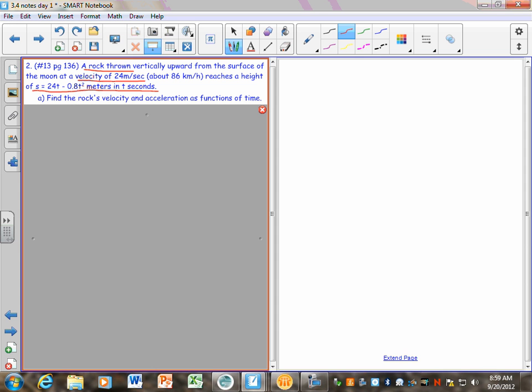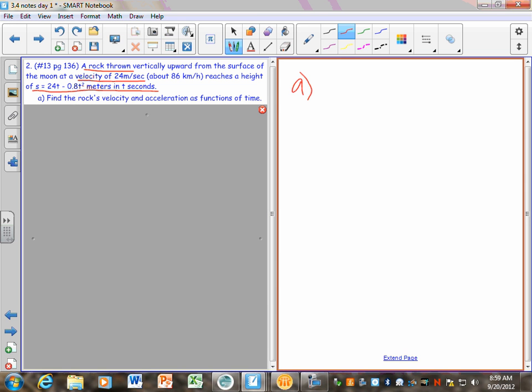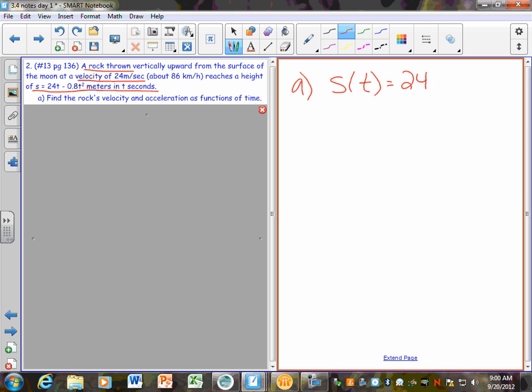Find the rock's velocity and acceleration functions. So, my s of t is 24t minus 0.8t squared.